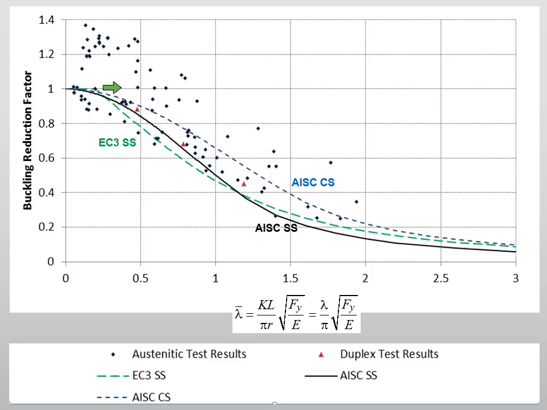That's that curve there. And then in black is the stainless AISC design guide curve. And then just in case you're interested, I've put in the Eurocode stainless steel curve. And I've shown the data points so you can see how the actual test results compared with the design curves.